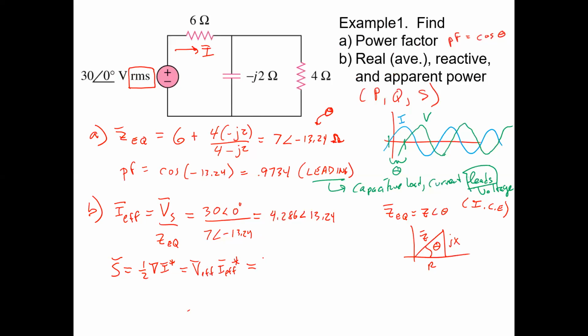So that's going to be 30 angle 0 times 4.286, but now we flip the sign again. And we get 128.58 angle of minus 13.24.